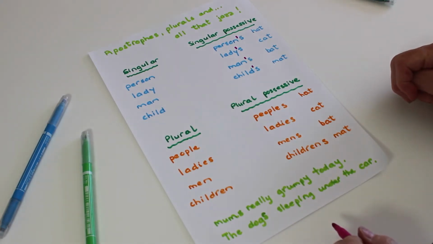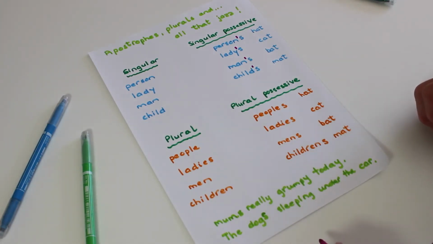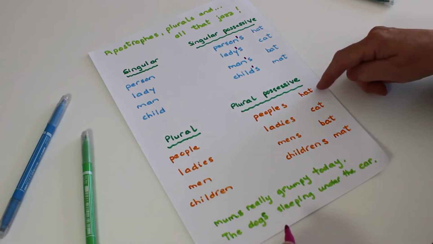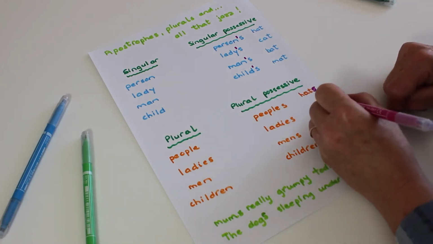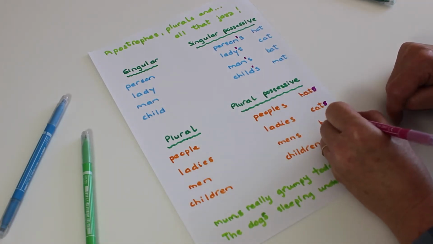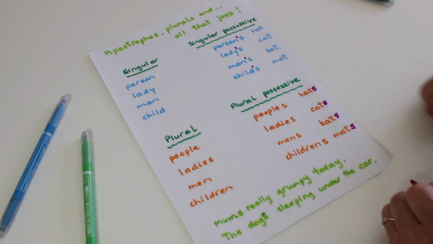Now we come to plural, and that's where things get tricky because there's an S involved here, just as there's sometimes an S involved in possessives. So let's just take the straight plural first of all. Normally, when you have a plural, you just add an S on the end. For example, if these were plurals instead of singular, it would be hats, cats, bats, and mats.